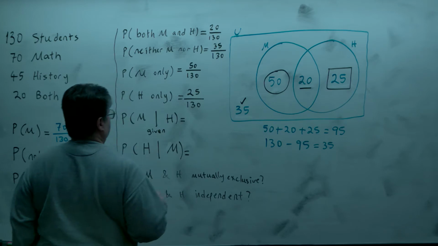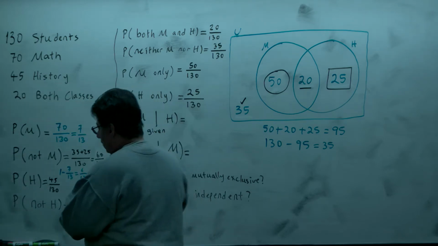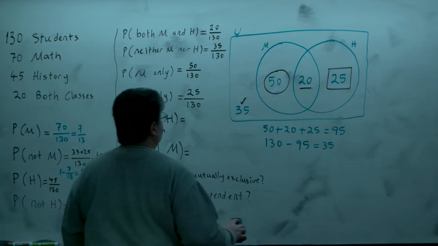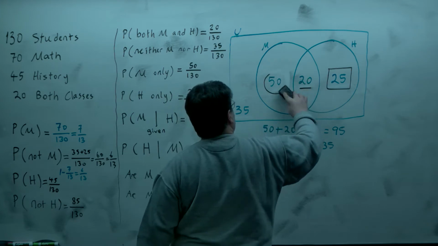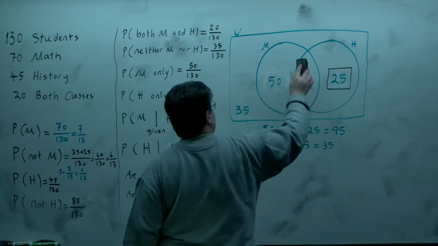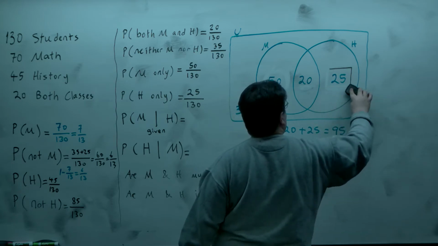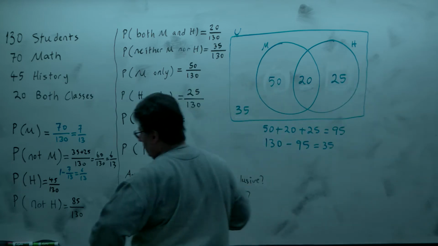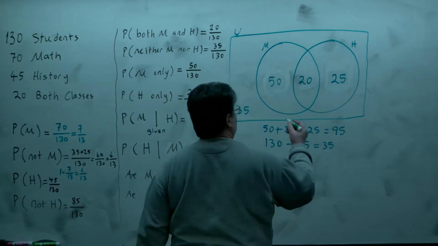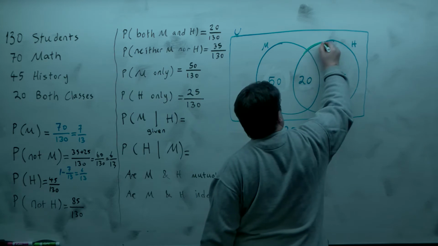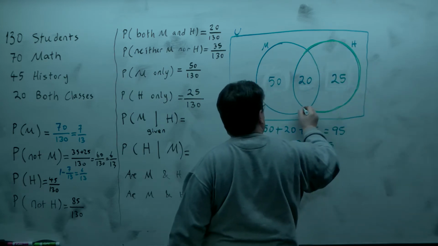Is it 20? Math given history, so it will include 20, but we need to limit the sample space. We are not interested in all 130 students anymore. What we are interested in is only the ones who are taking history, because we are given that that student is taking history.